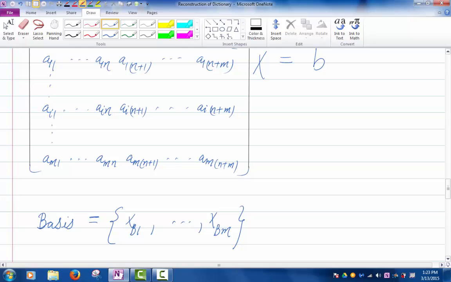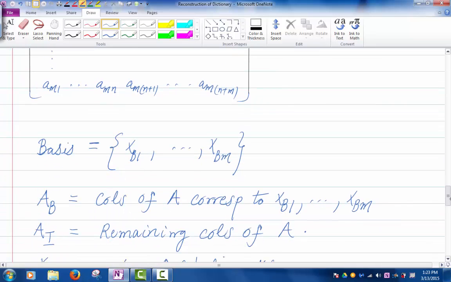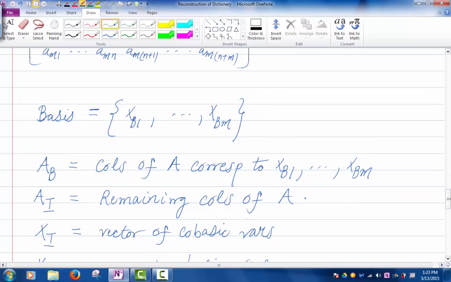So I have the basis, and I'm denoting the basis variables by xb1 up to xbm. Now, some of the columns here, m columns of A, will be corresponding to these basis variables, right? I'm going to call AB the matrix consisting of columns of A corresponding to the basic variables.